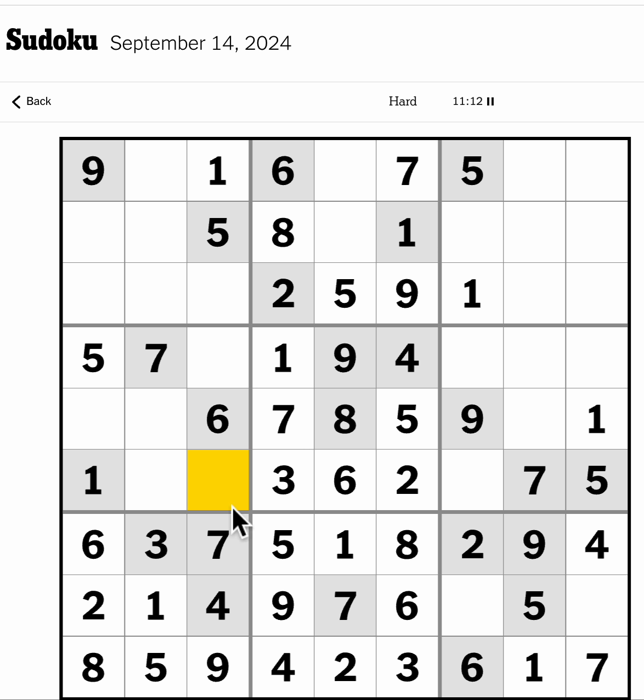4 and 9 here makes this cell 8. These 2 cells are down to 4 and 9. 9 is here, gives me 4 and 9. These are 2, 3, 4. 7 and 7 gives me 7 here. 7, 7, 7, 7 gives me 7 here.